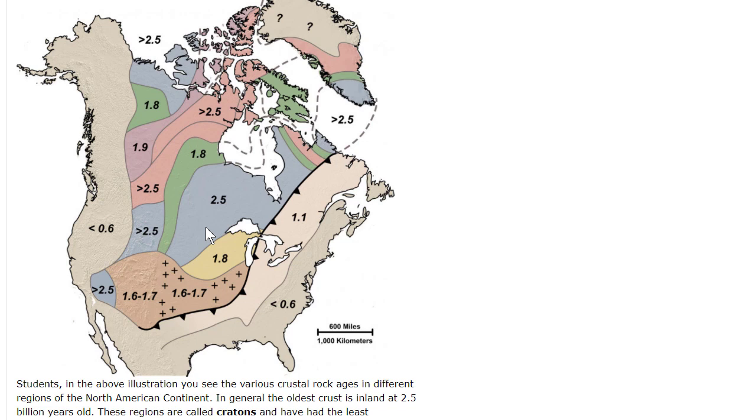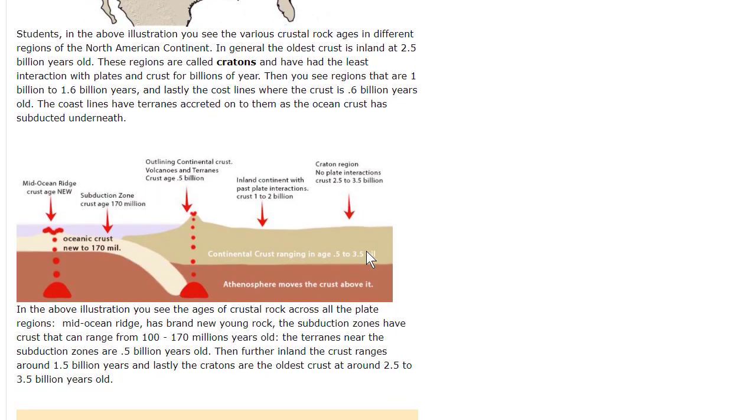into another plate. Okay, so now we have this idea of a map of ages of different areas of crust, or different ages for different regions of crust. And that is shown here in this illustration, where you see you have brand new crust at the center of the ocean, and then you have older crust going underneath the continental crust, which is about 100 to 170 million years old.